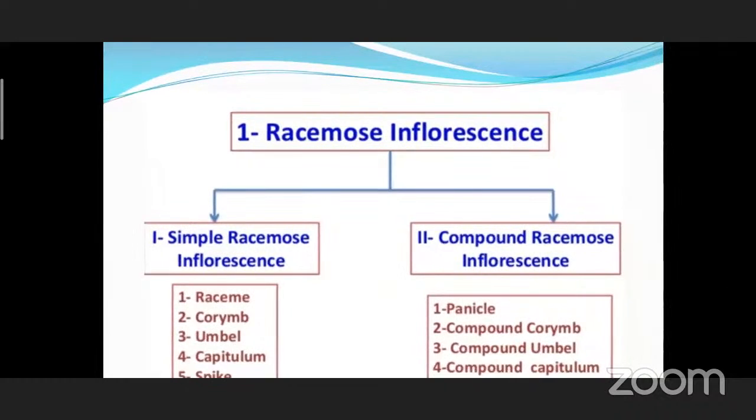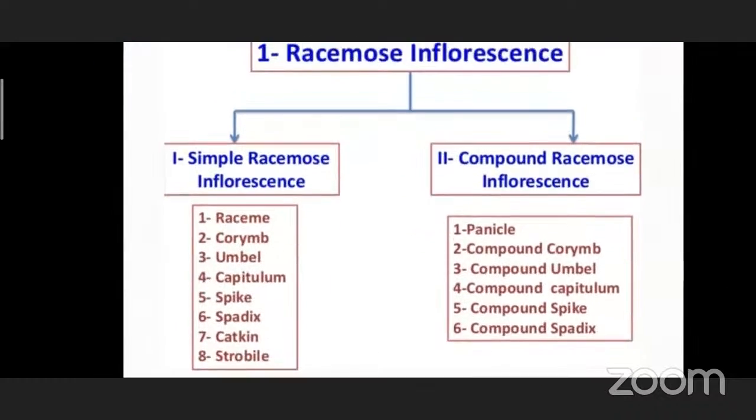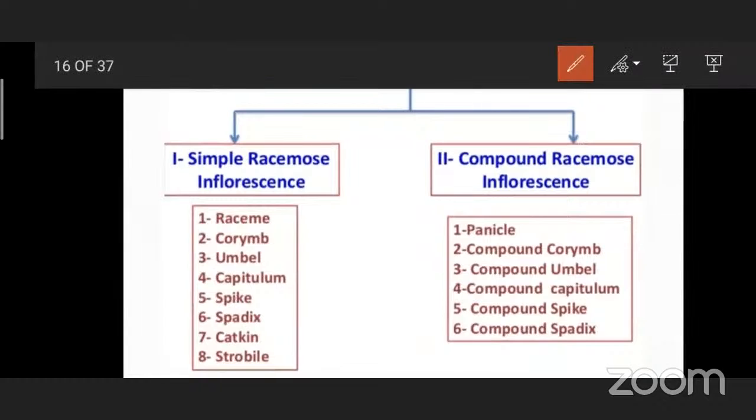And the second one is compound racemose inflorescence, again divided into subtypes. First one panicle, second one compound corymb, third one compound umbel, fourth one compound capitulum, fifth one compound spike, and sixth one compound spadix.